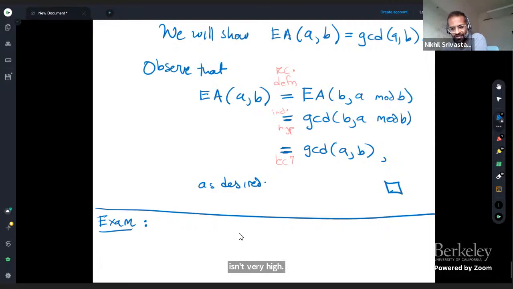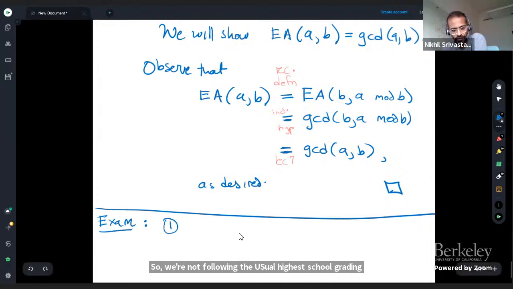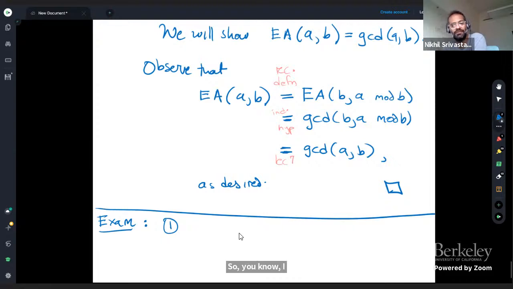The other thing I want to say is don't worry too much about your grade right now. We're not following the usual high school grading scale where 60 is failing and things like that. Maybe the thing I want to say is this class is not curved.